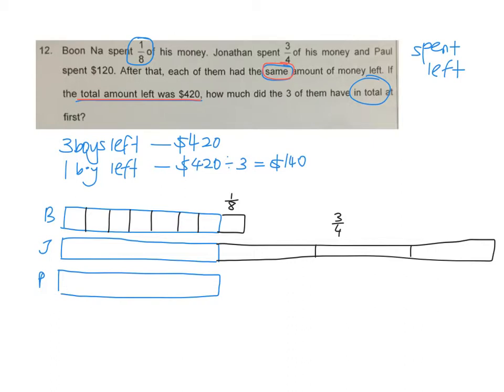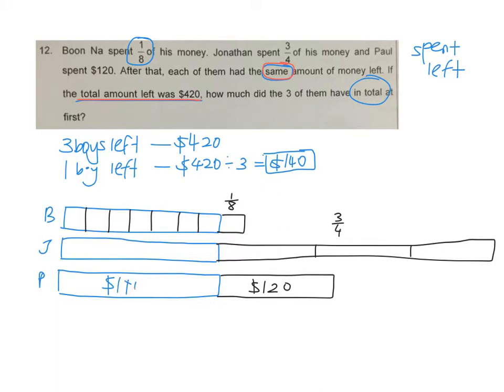This is $140. You notice I am not writing it down because I'm afraid it might confuse you further, but the amount that is indicated by the blue model is 140. Now, Paul spent $120, so it doesn't matter how long I draw for Paul because I know he spent that much.